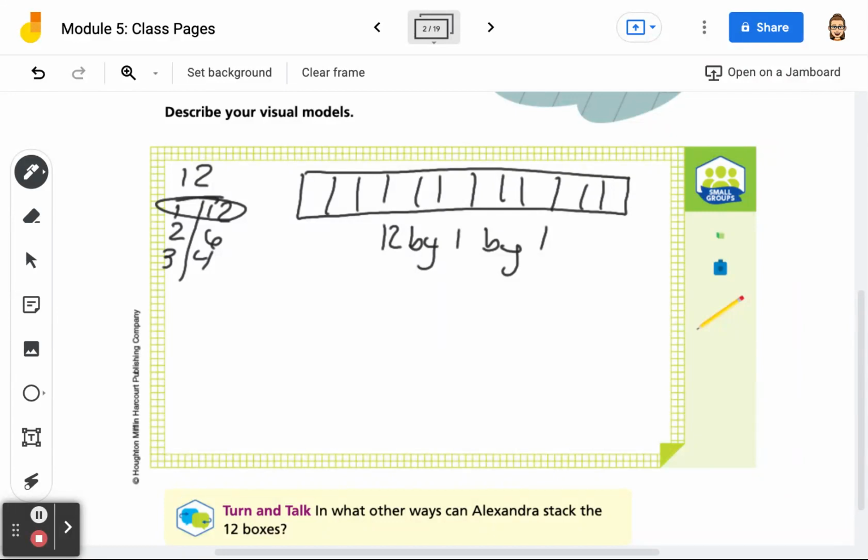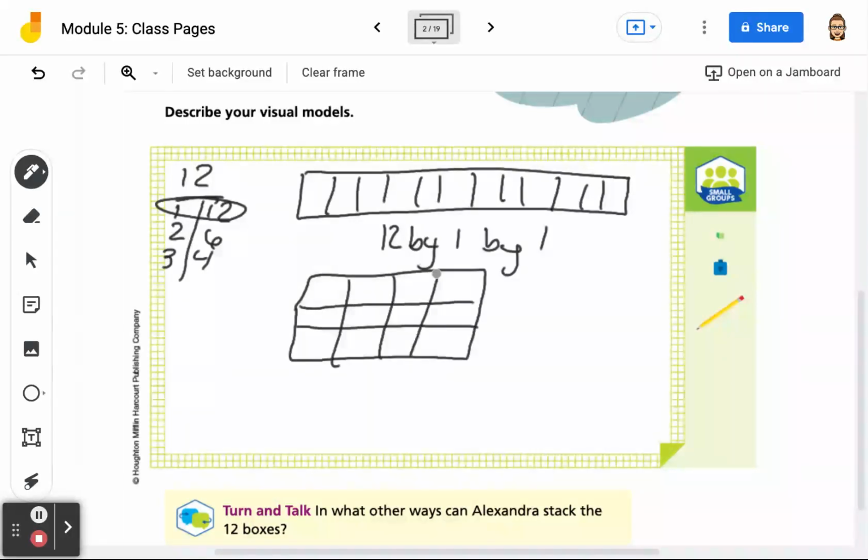And then we have 3 by 4. So that means it's going to be a little tricky to draw. So this way, okay. So this would be a 4 by 1 by 3, because the height's 3.